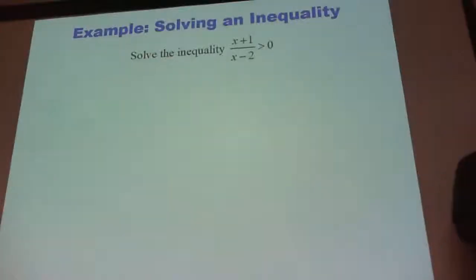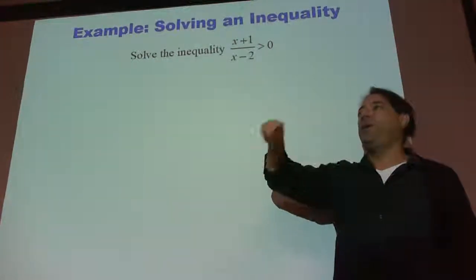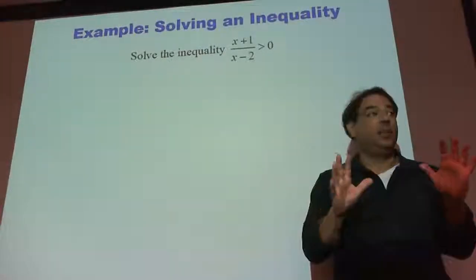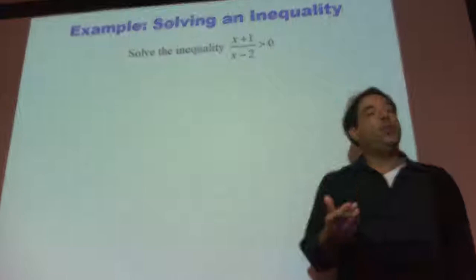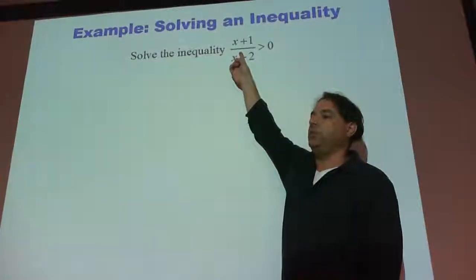Instead of trying every single number in the world, we can start by looking at important numbers. Important number one: what can x not be? 2. That's an important number. Another important number for a rational function is, what would make the top 0? -1.